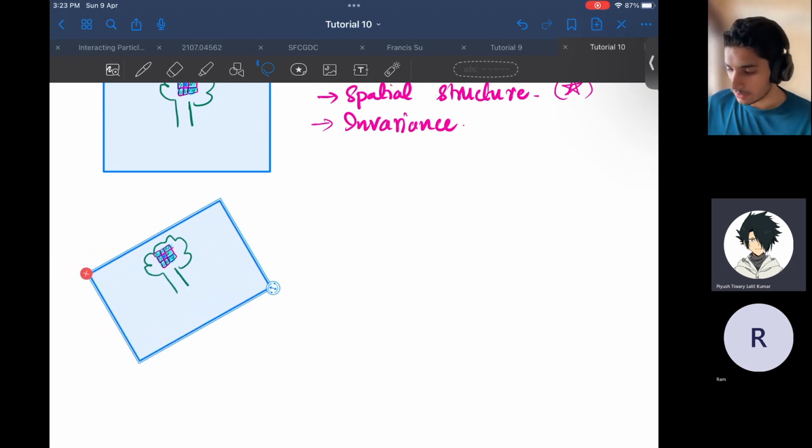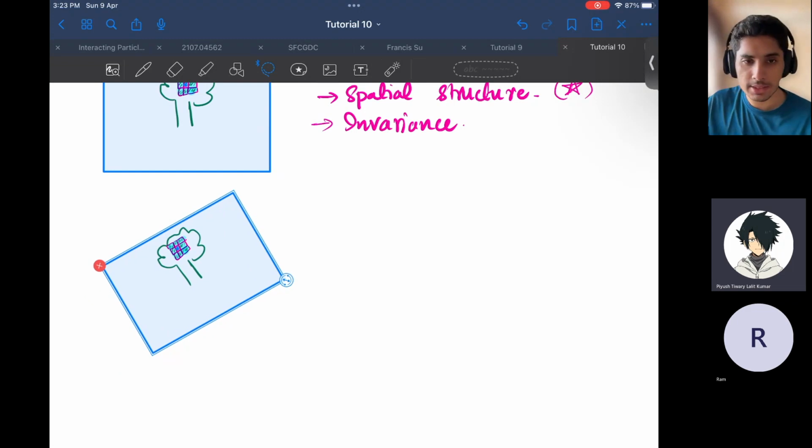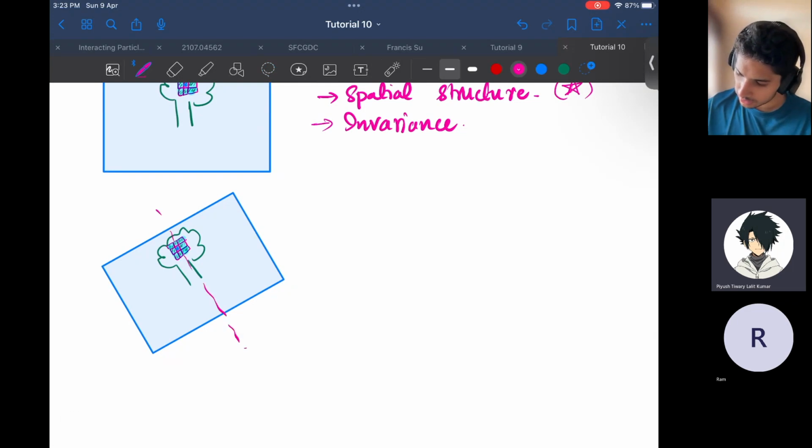So what I have done is taken the same image and rotated it by some angle. This was the original axis, and I have rotated the image by this angle. Now I feed the same image to my network that was doing classification.